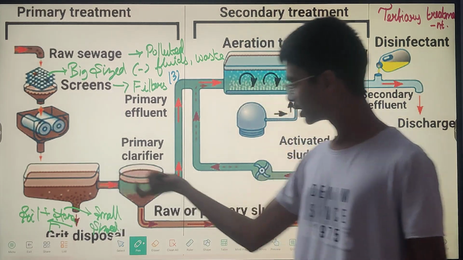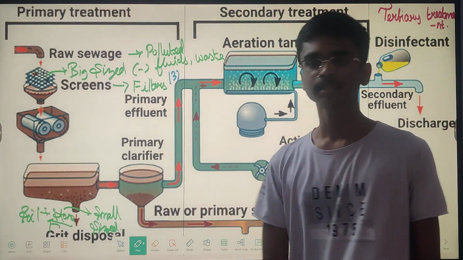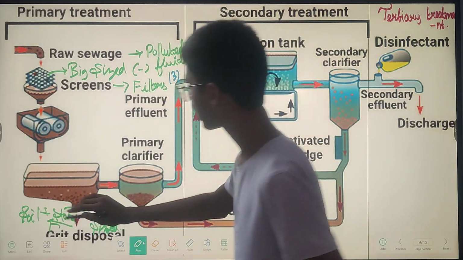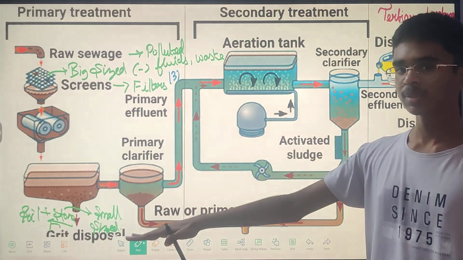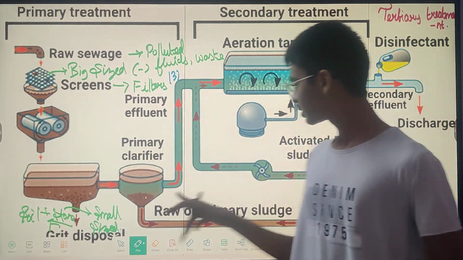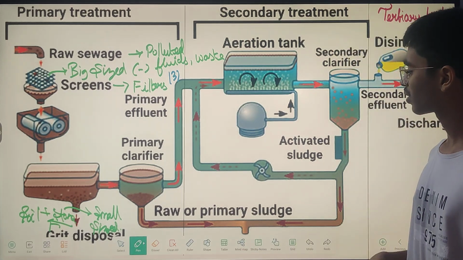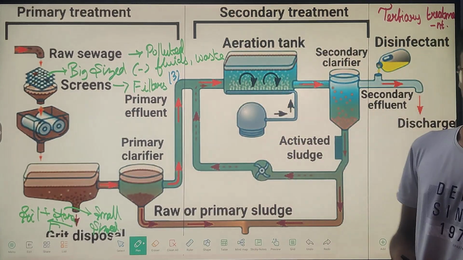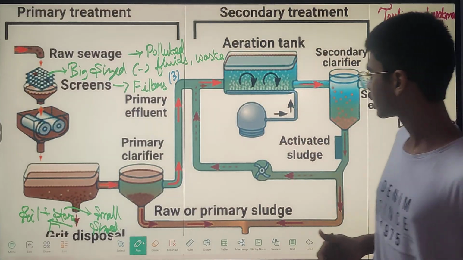All these particles will be going over here, and the stone and soil will be settled due to gravitation. The sedimentation process will be happening, so you can take all the stone and everything out.